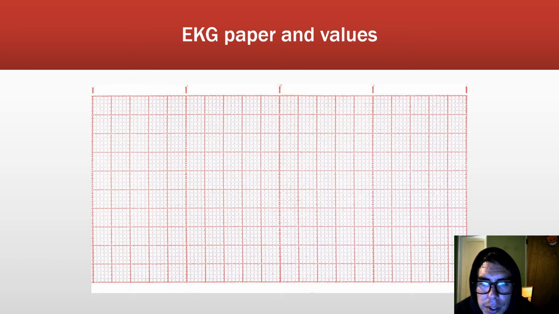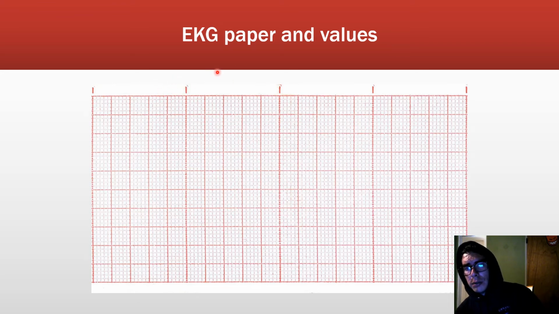So EKG paper is what we talk about now. EKG paper is going to have these big boxes that contain 5 small boxes within it. And then at the top of the paper we have these little hash marks, and these are going to tell you seconds. So from each one of these, it would be like 0.1 second.